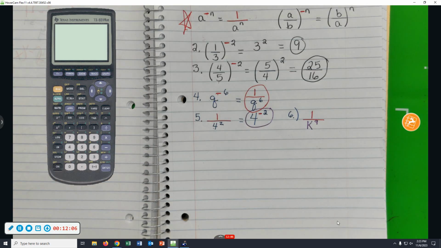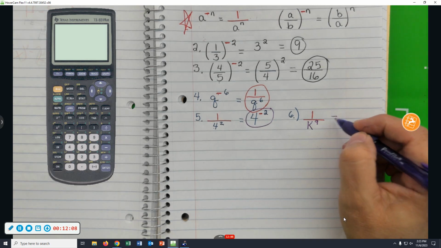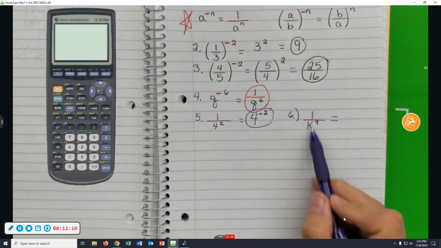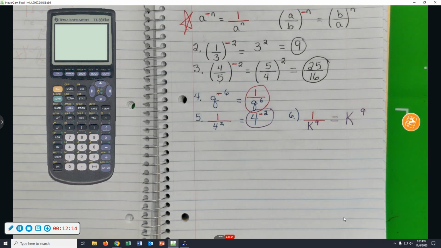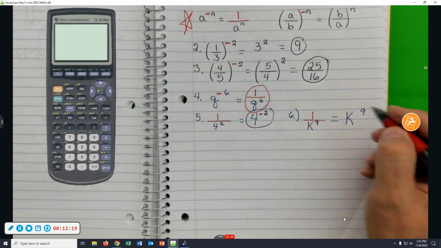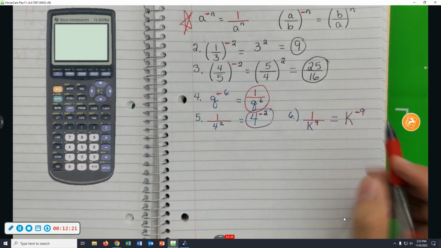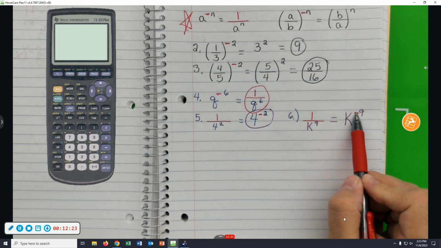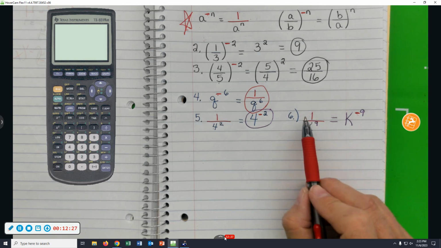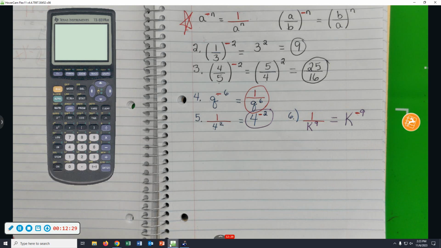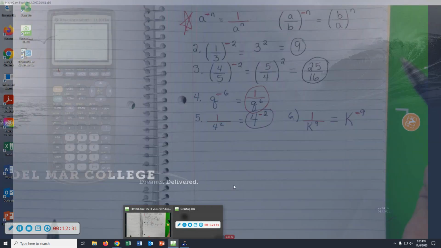So how do we write it without that 1 over? Well, I'll write my purple k, my purple 9. What am I going to do in red? Negative in front of that 9. This red negative is the same thing as that 1 over. Just 2 ways of writing the same thing. So we have k to the negative 9.